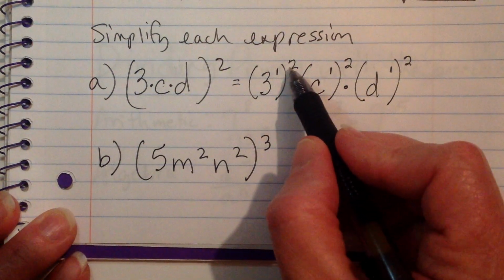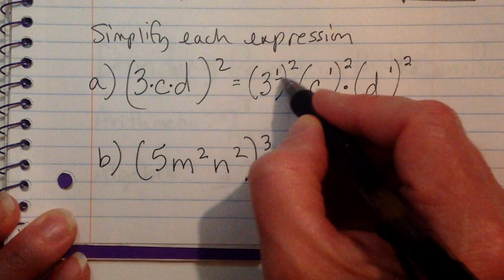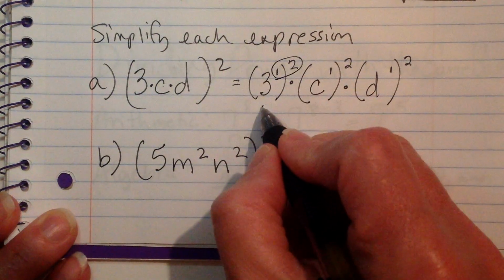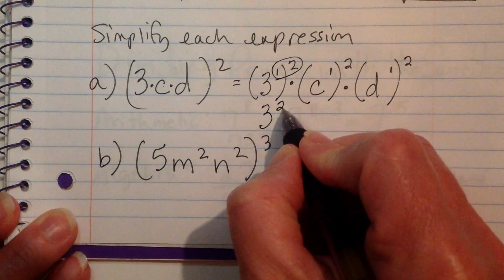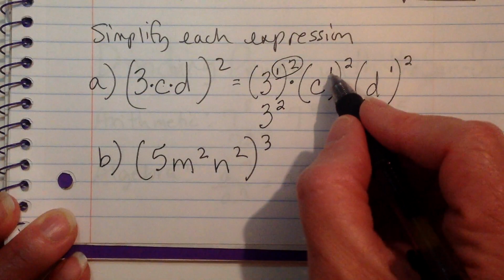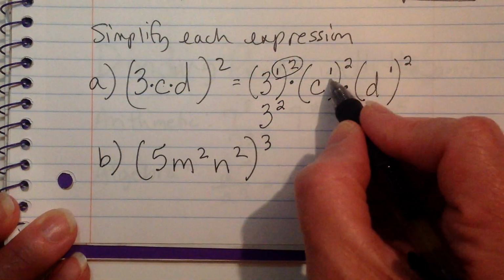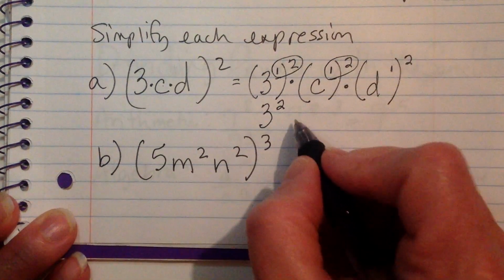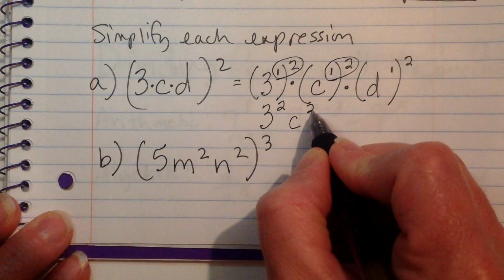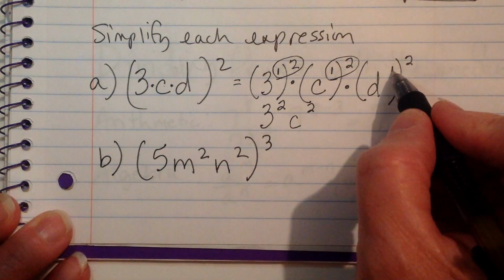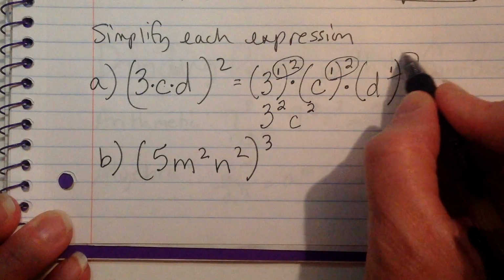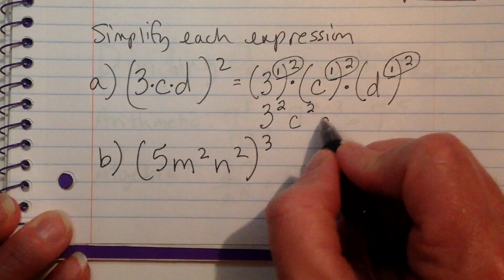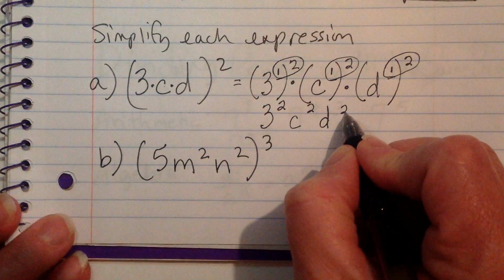When one exponent is inside and one exponent is outside, we have learned to multiply those. Therefore, this would be 3 squared. C raised to the first power, raised to a higher power of 2, multiply those, you get C squared. D is to the first power, raised to the higher power, multiply those together, you get D squared.